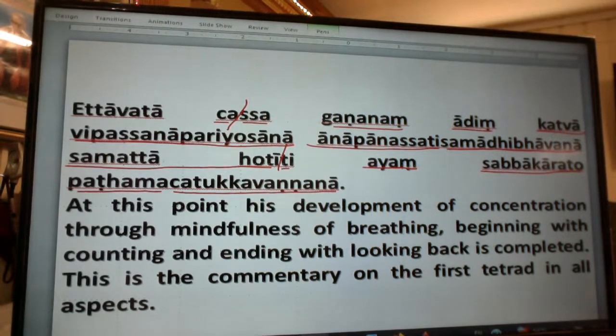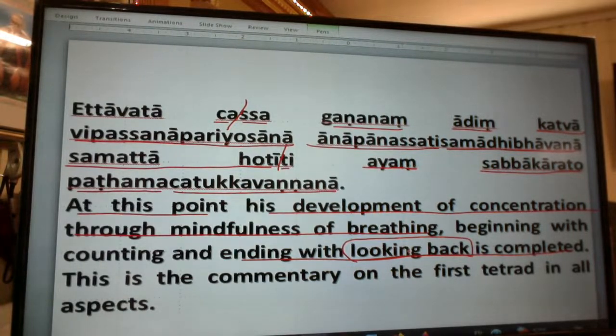Okay, so here the Pali in English translation is: in that point, his development of concentration through mindfulness of breathing, beginning with the counting and ending with the Vipassana, is completed. The English translation says looking back, but it is not looking back.